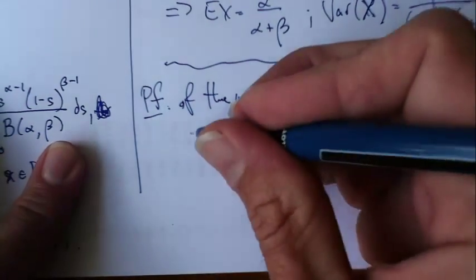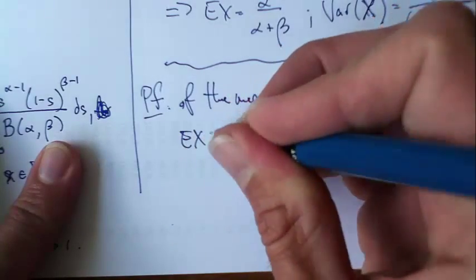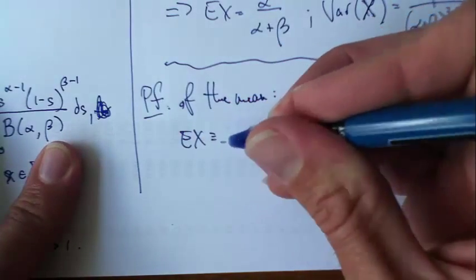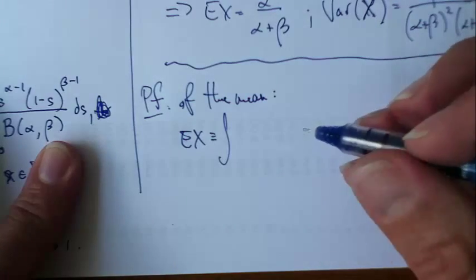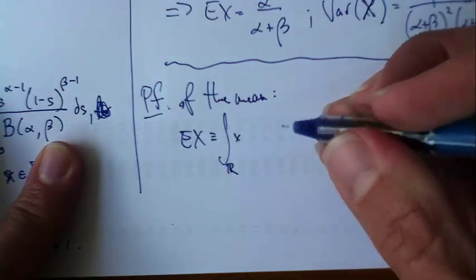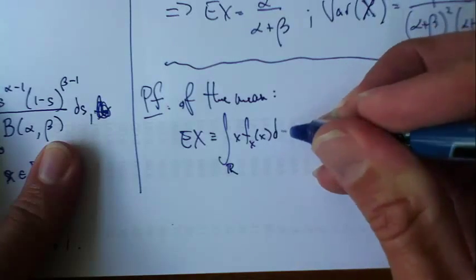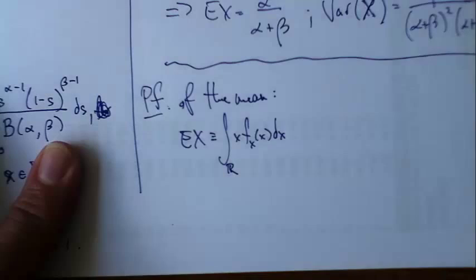Okay. So the expected value is, of course, by definition, the integral over all reals of x times the density function, right?